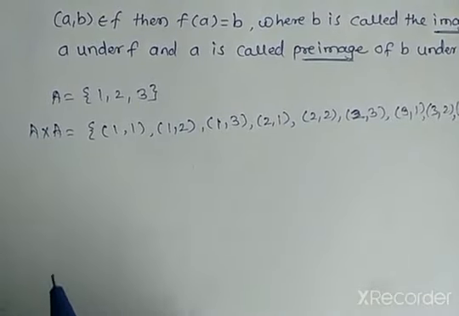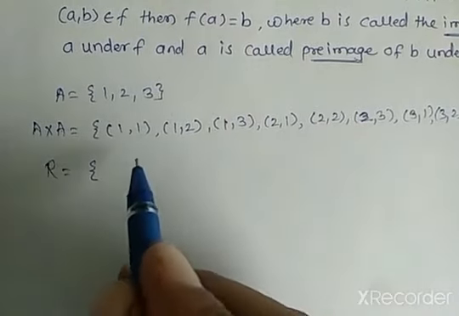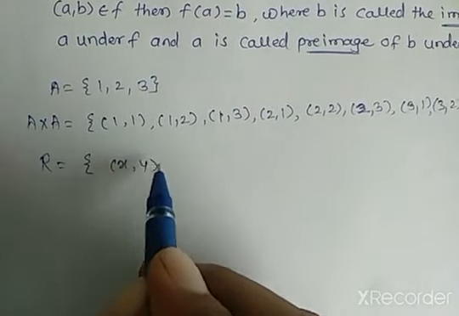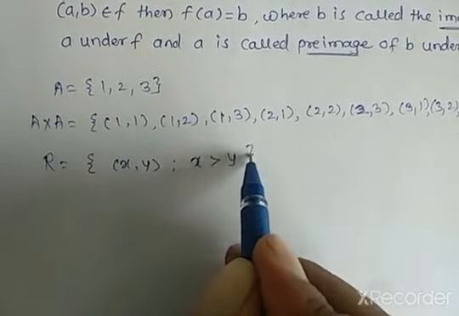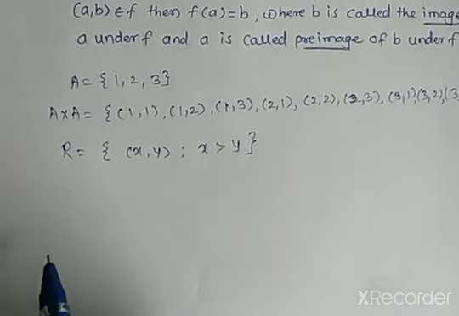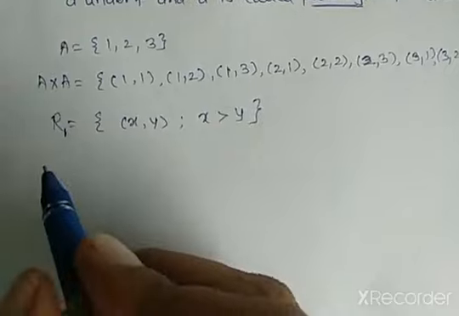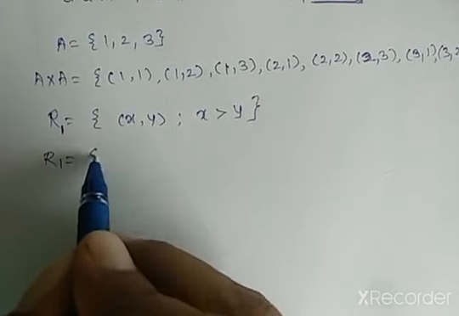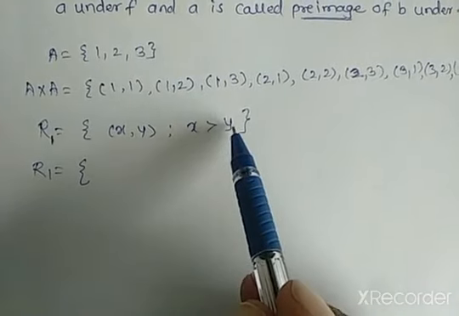If we define a relation R1 as the set of ordered pairs (x, y) such that x is greater than y, we only have to check the condition x greater than y.